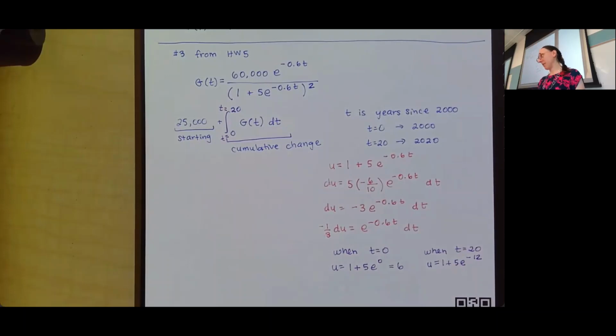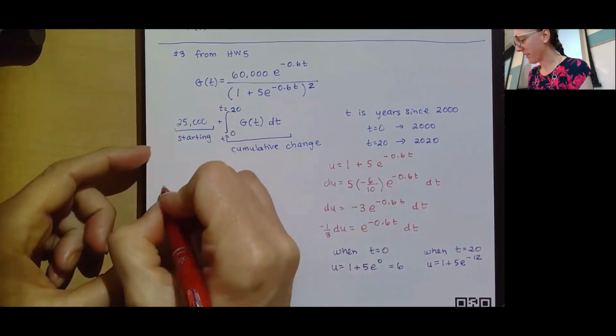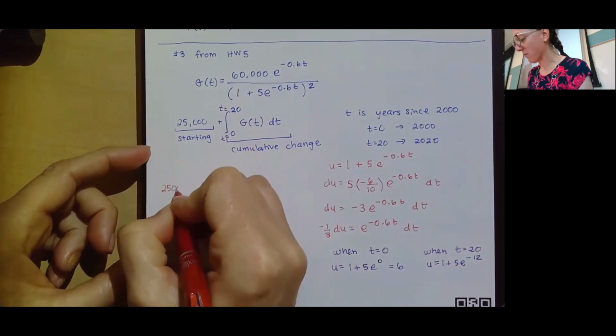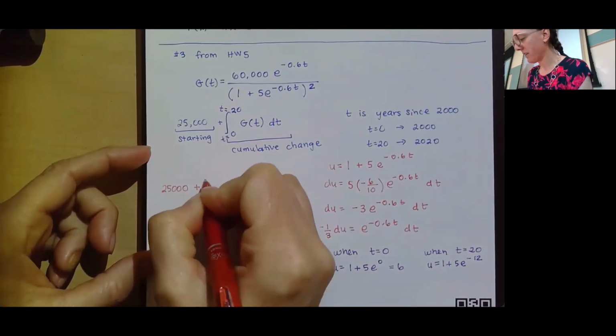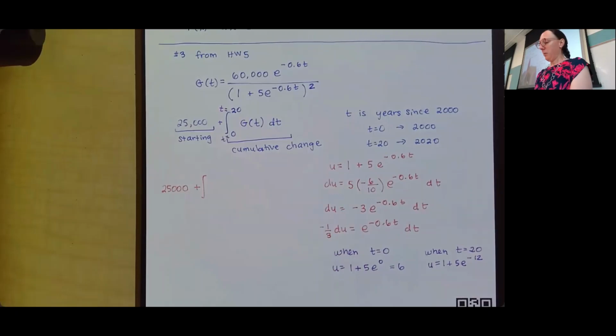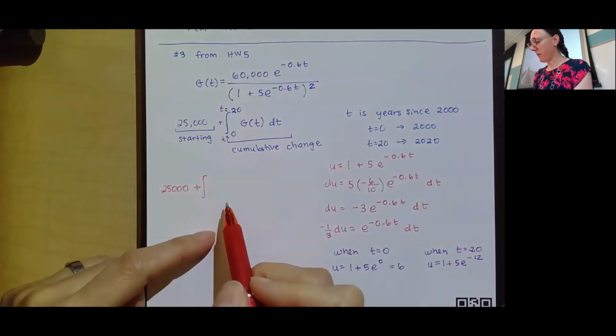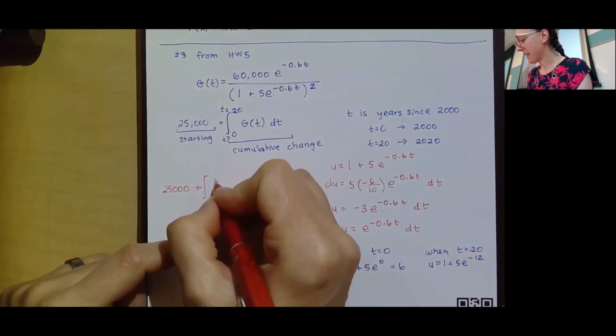Obviously, I'm trying to do this without a calculator. If this was a homework problem, you could put that into a calculator and turn that into a number. I don't have a calculator, so I'm just going to drag that ugly thing around. So when I translate this, I've still got that 25,000 out in front. But my integral part becomes 60,000.